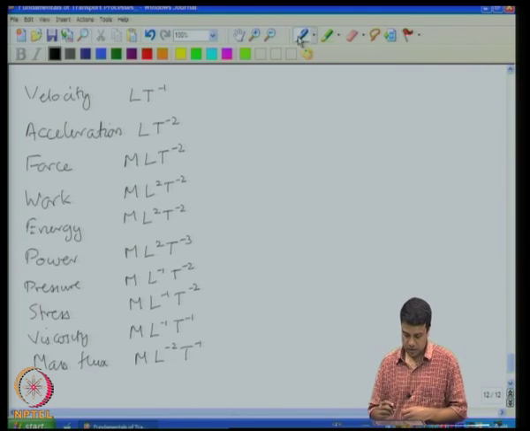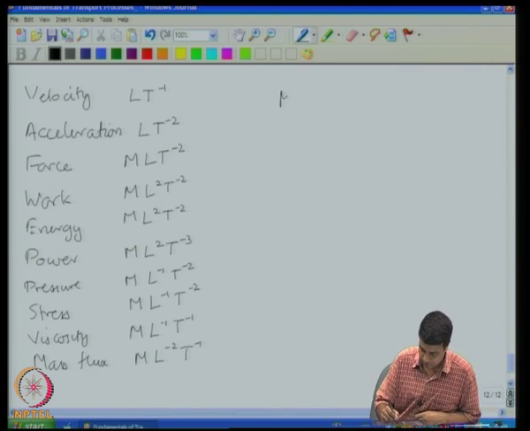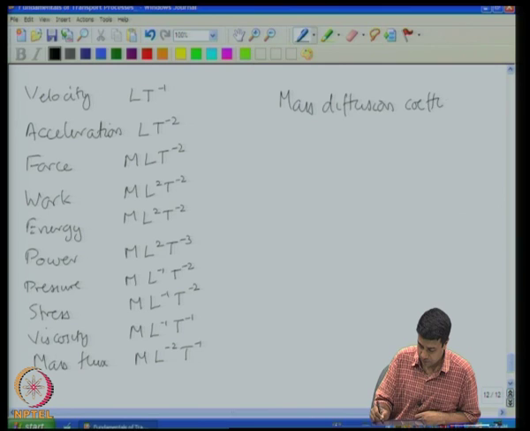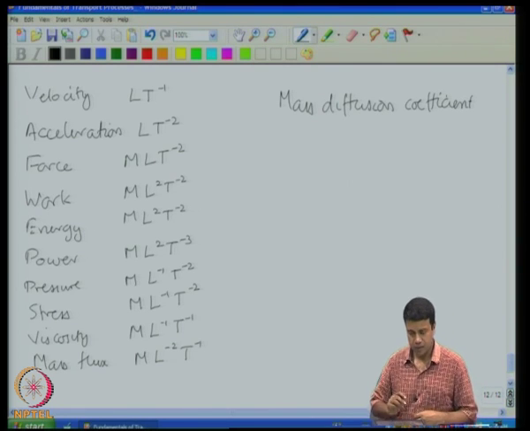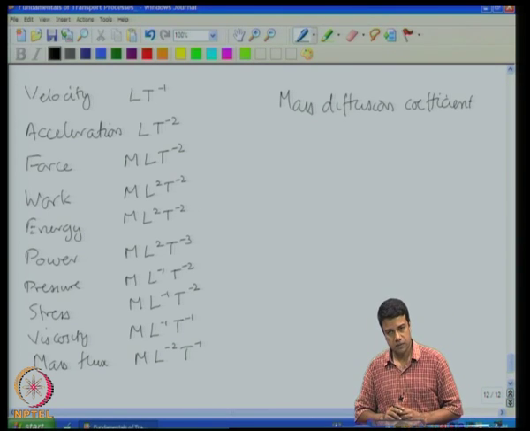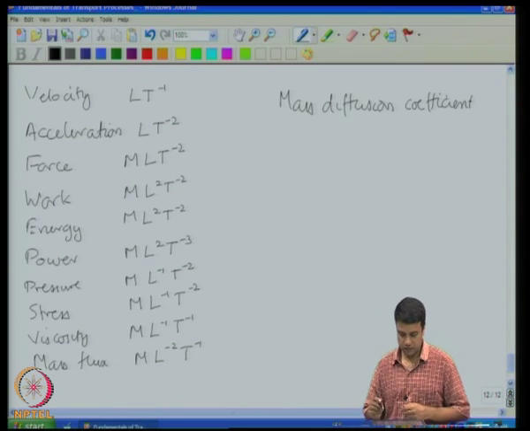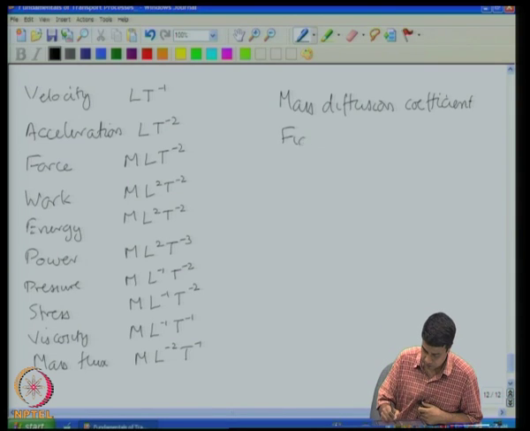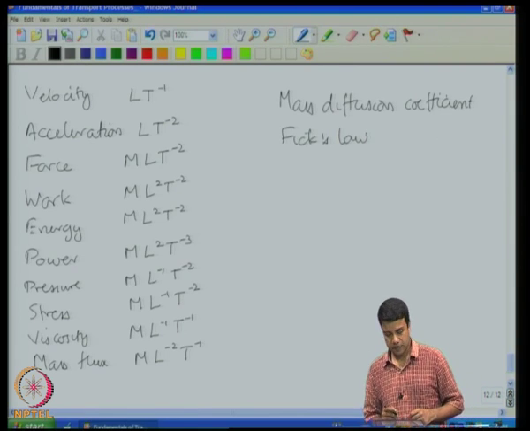How about the mass diffusion coefficient? The diffusion coefficient for mass will be determined from Fick's law for diffusion. What does Fick's law state?